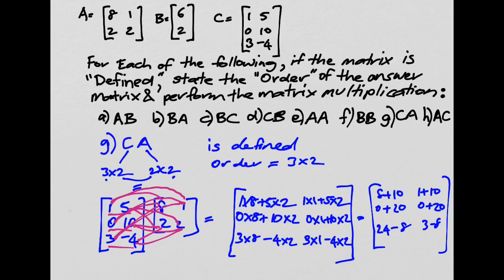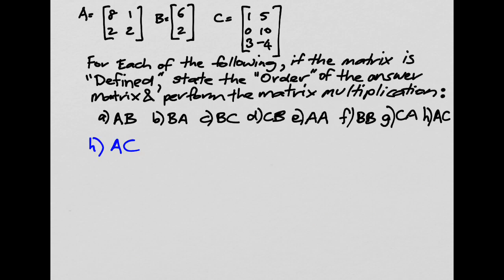So the answer, I'm running out of room, so I'm just going to do it above here. The answer is 18, 11, 20, 20, and 16, negative 5.